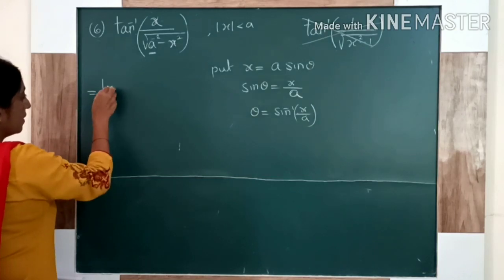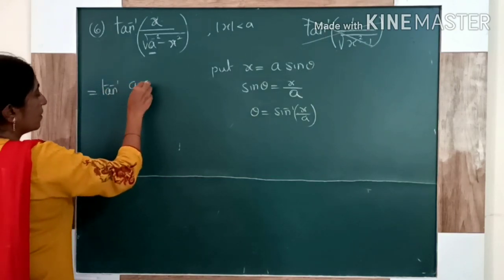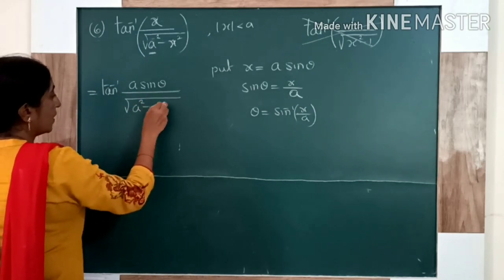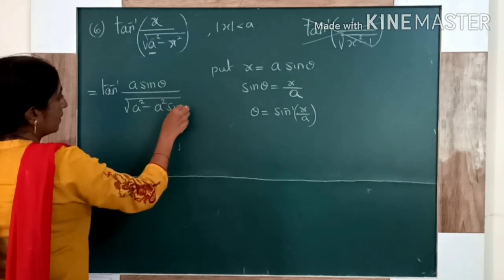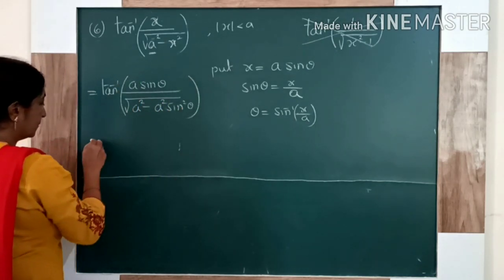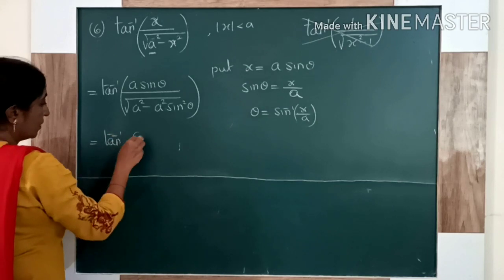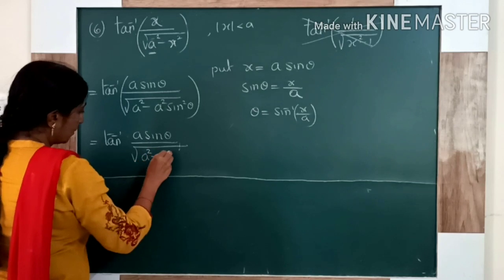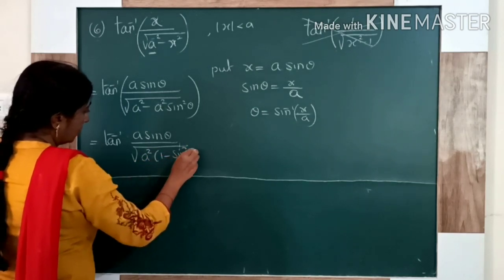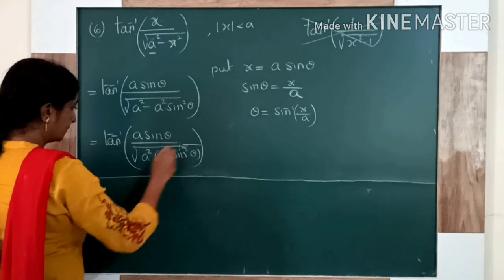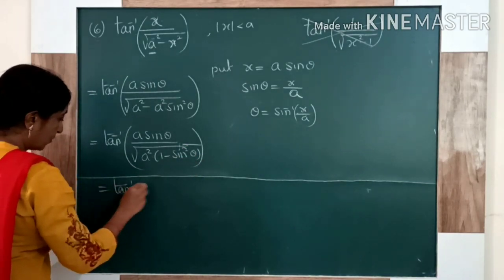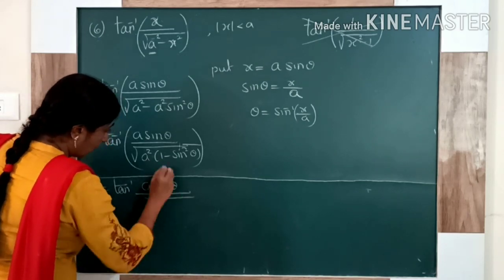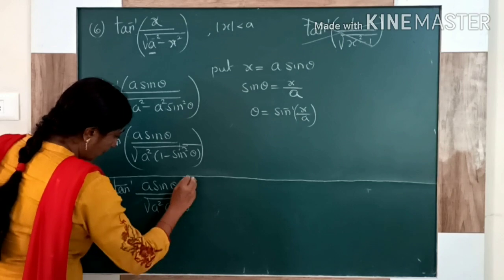So this will be tan inverse of a sin theta upon root of a square minus a square sin square theta. This is tan inverse of a sin theta upon root of a square common, 1 minus sin square theta. 1 minus sin square is cos square theta.